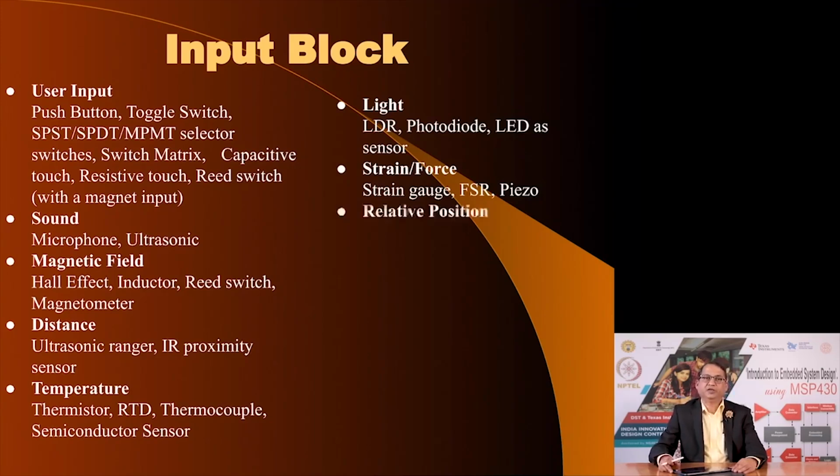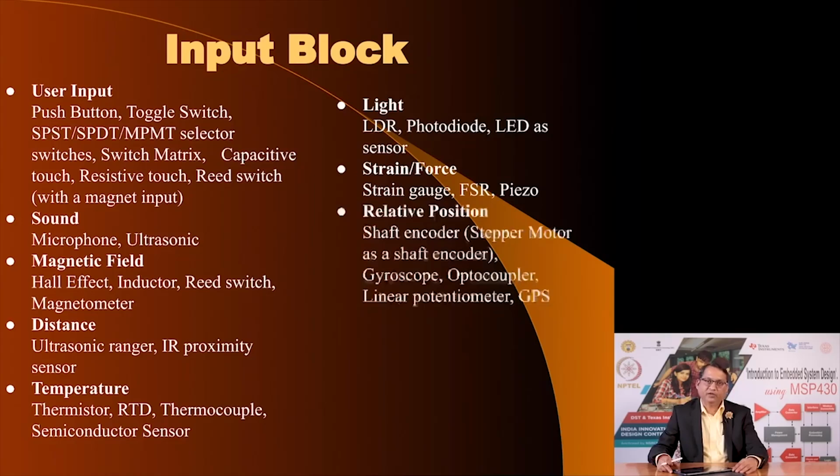You may want to measure the relative position with respect to a certain object, and for that you may use a shaft encoder, which is usually used in modern instruments like an oscilloscope. When you are changing the voltage setting or the time setting, the knob that you are moving is actually connected to a shaft encoder.